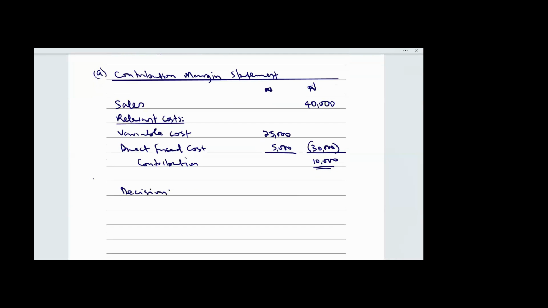And I told you, if it is positive contribution, your advice is that they should not drop the sale of vanilla. So I will then come here, Adigboluja should not drop the sales of vanilla.